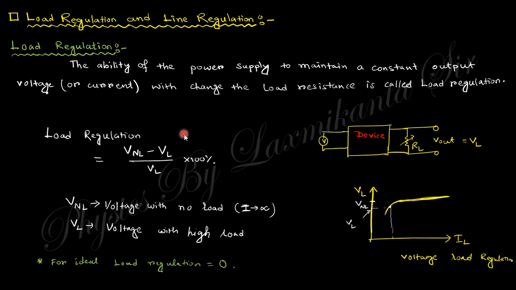Load regulation is this: when the load of the circuit is varied but the output voltage does not change, then this is called load regulation. And this load regulation is measured by this parameter, that is VNL, the voltage with no load. No load means the load is zero. Suppose you have plugged in a mobile charger.